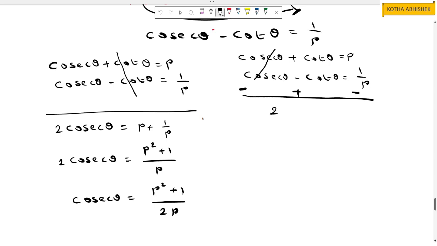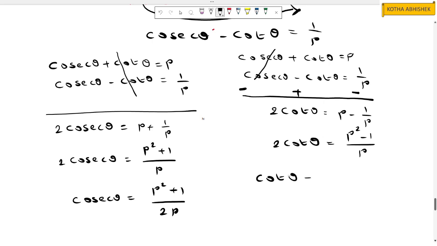Cot theta plus cot theta is 2 times cot theta, which equals p minus 1 by p. 2 cot theta as it is, which equals p into p square minus 1 divided by p. Taking 2 to the right side, so it will be cot theta equals p square minus 1 divided by 2p.